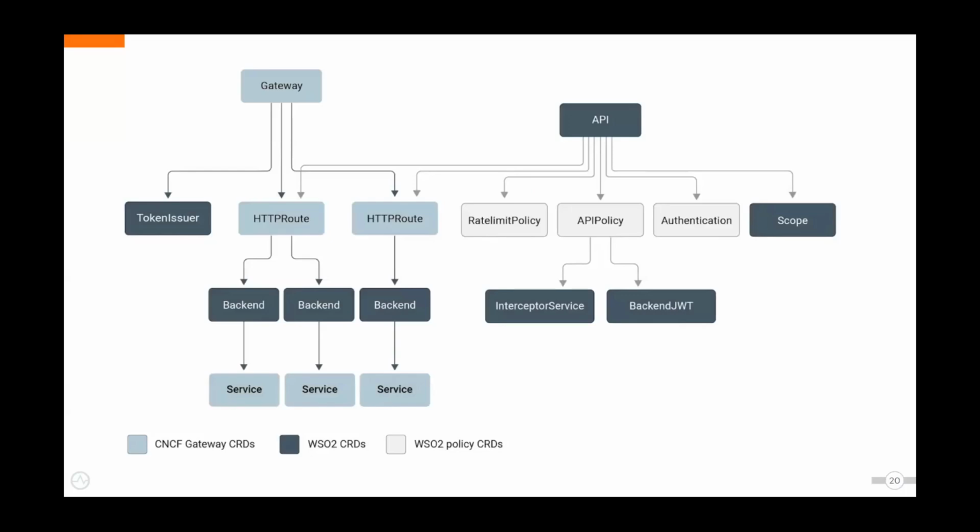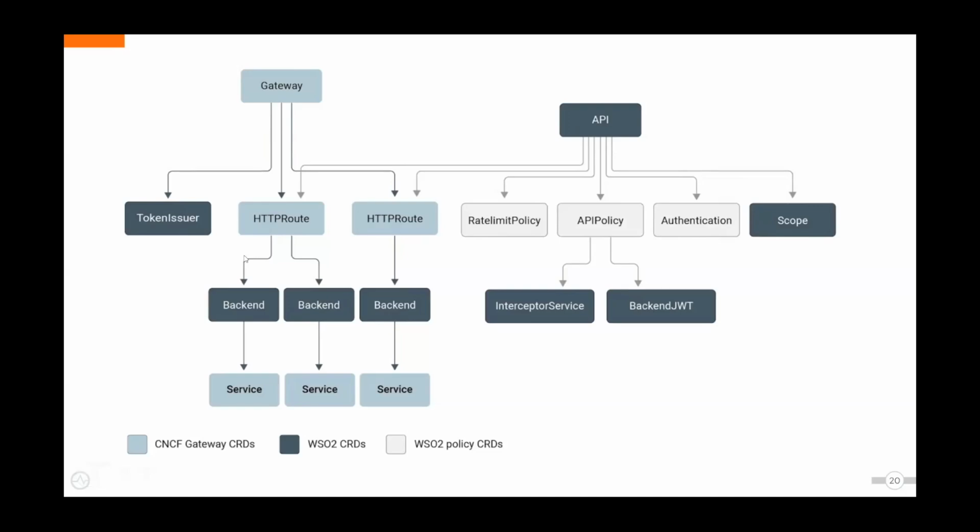Now, this is the diagram which explains how the Gateway API components and the APK components are connected, right? The gray components are the Gateway API CRDs, and the dark gray boxes represent the APK components. The light gray ones are introduced by WSO2, and those are related to policies.